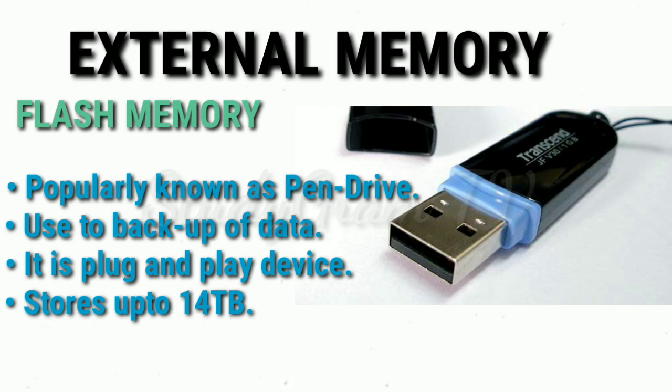It is compact, very fast and convenient. So it is typically used to store and transfer files from one place to another very easily. It is also cheaper in price and very small in size, which is very easy to carry.